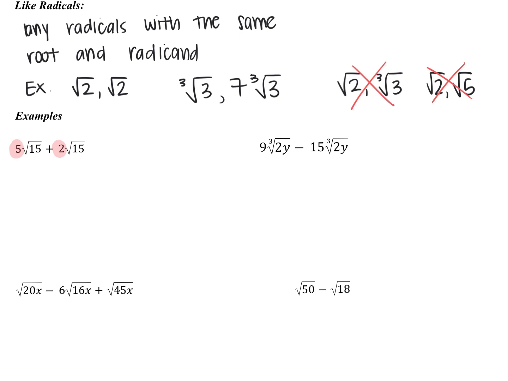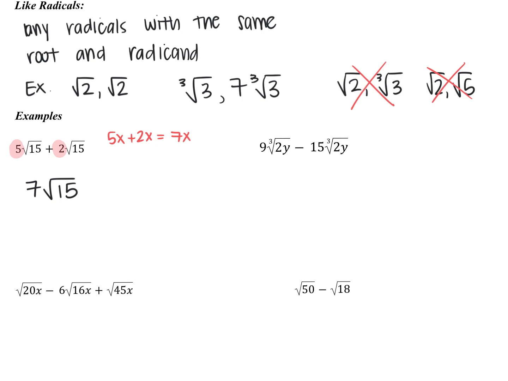Those are the things that combine. The like radicals you can think of as variables. So you can also think of this as 5x plus 2x, which we know becomes 7x. It works the same thing with the radicals. 5 square root 15 plus 2 square root 15 is 7 square root 15. You're basically saying, how many square root 15s do I have? And there are 7 of them.